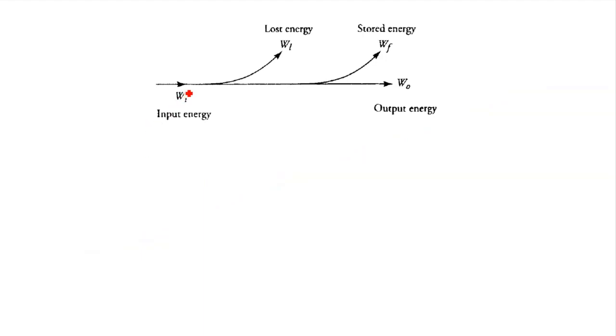We give the input energy Wi, and we get the output energy Wo. Inside the machine we have some lost energy and some stored energy: the stored energy is Wf and the lost energy is Wl. This lost energy goes out mostly in the form of heat, and we cannot recover or conserve it. Therefore, in a conservative system, the loss is generally neglected.